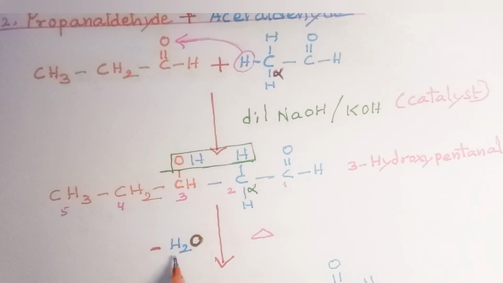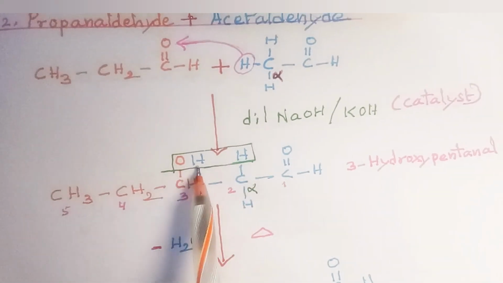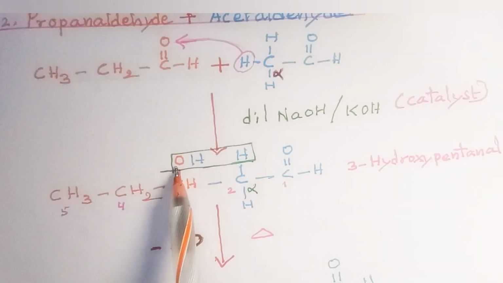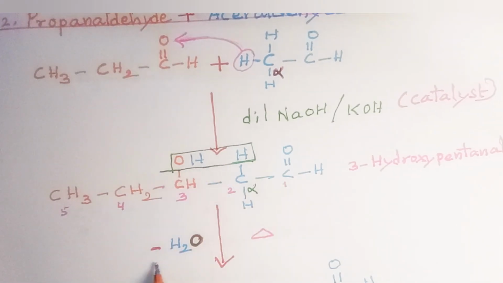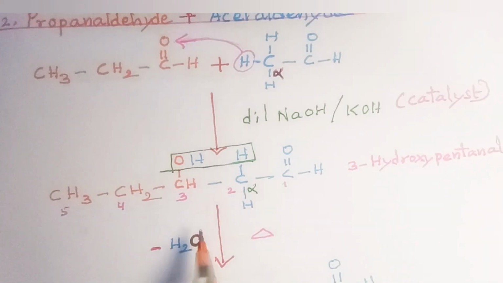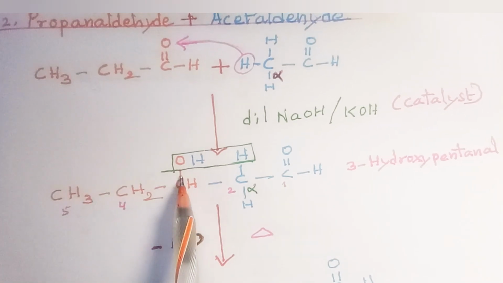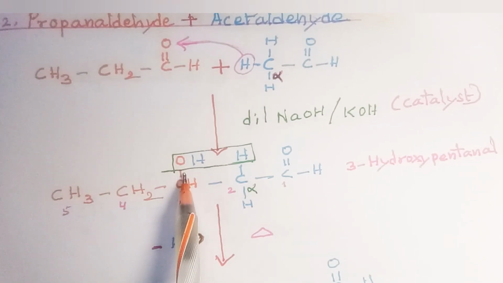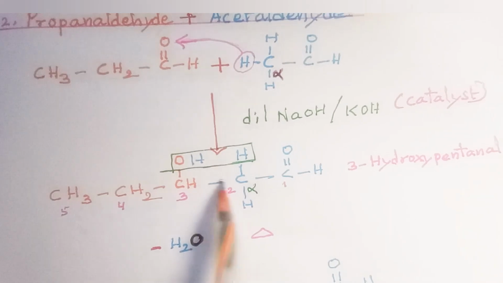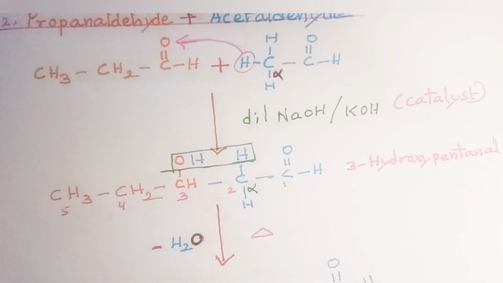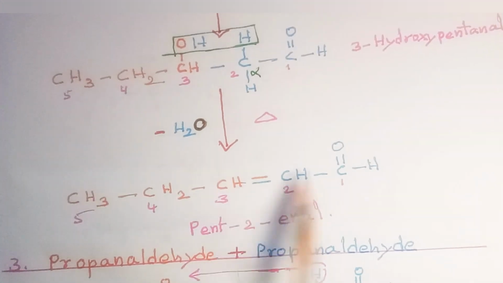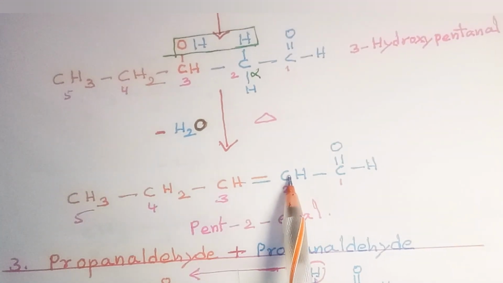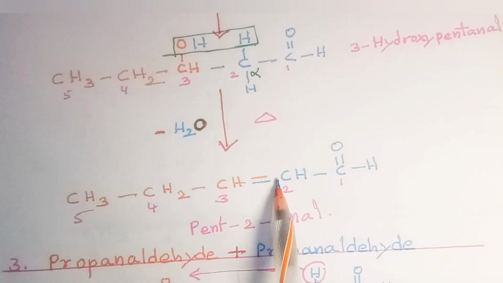The water is formed by these 2 alpha hydrogen atoms and the oxygen atom of the first reactant, propanaldehyde. So water is removed. Since water is removed, this bond will shift here and form a double bond between this carbon and the alpha carbon of acetaldehyde.